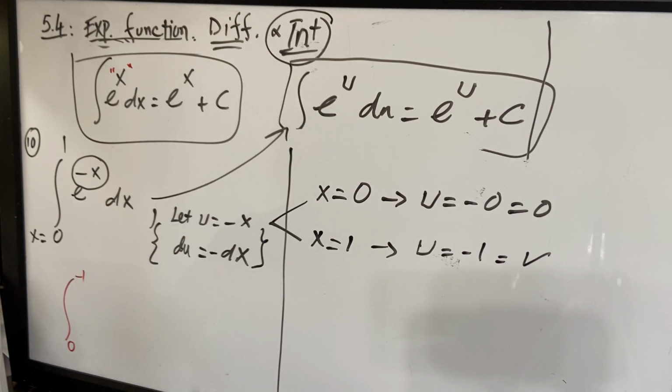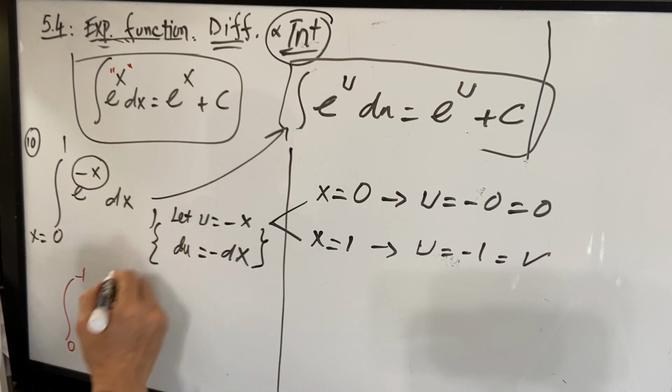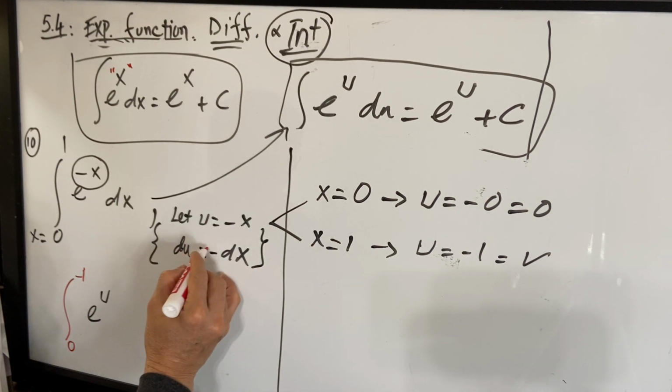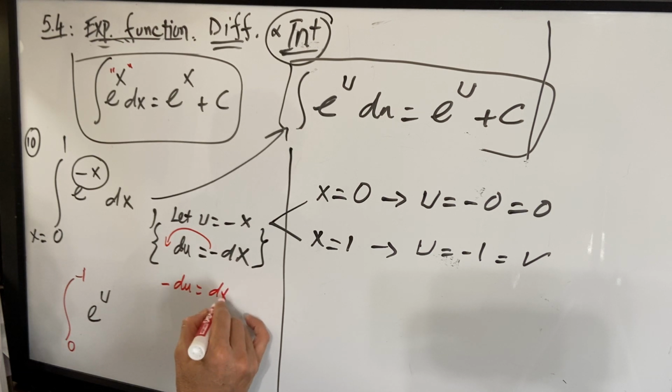All right, there we go. You see it? I can clear it for you. We're almost done, y'all. So e to the -x. What is your -x? That is u. And then your dx right now is what? I know, I owe you one more step. You bring the negative over here, which is negative du equals dx.